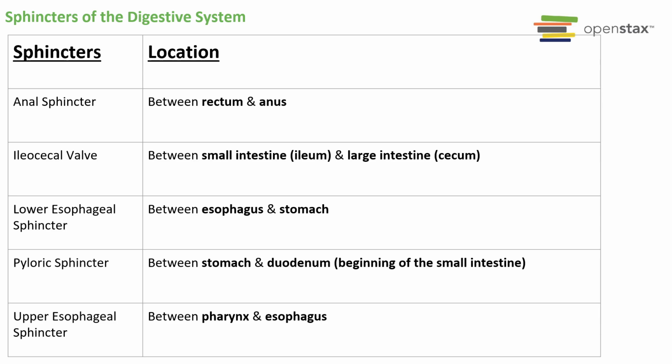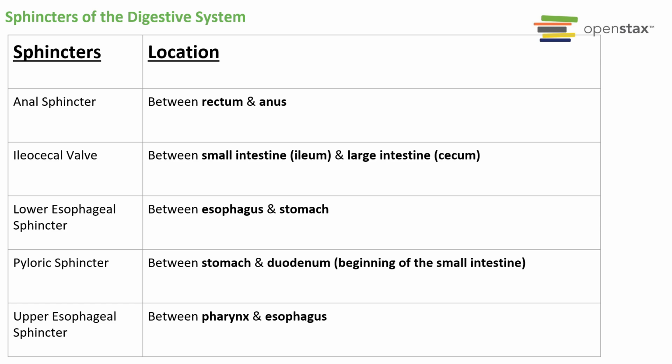And so these are highlighted on the screen here. Both the upper and lower esophageal sphincters will control the movement of food in the bolus as it makes its way to the stomach.